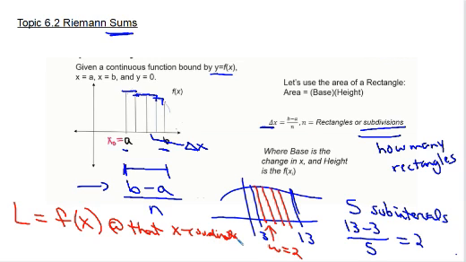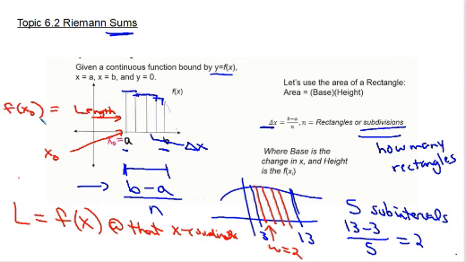Now, there's all kinds of fancy notation that we can use for this. You know, we could say that this x-coordinate right here is x sub 0, all right, for example. And so if I wanted to know the length of this rectangle right there, the length would be equal to f of x sub 0.